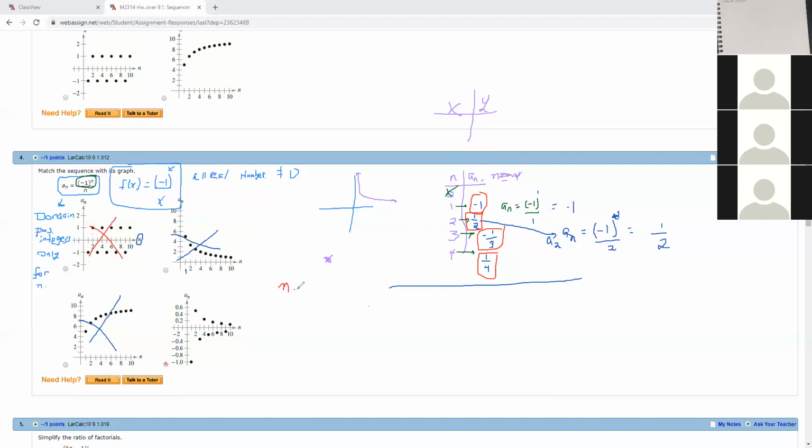So when n equals 1 and n equals 2 and so forth, and dot, dot, dot, ellipsis, and then we could write somewhere else above it or below it, a sub 1, a sub 2, and so forth.